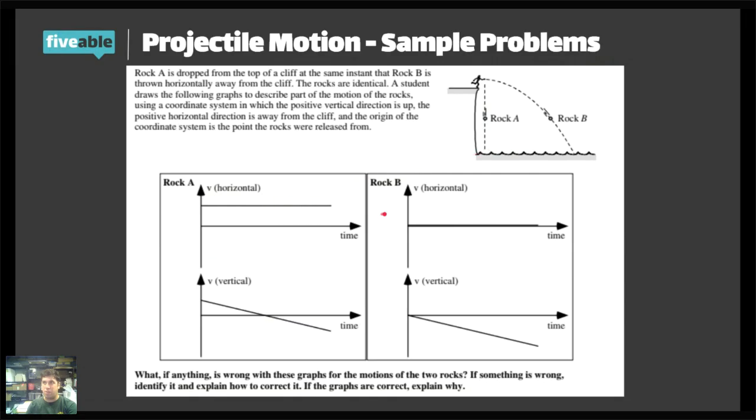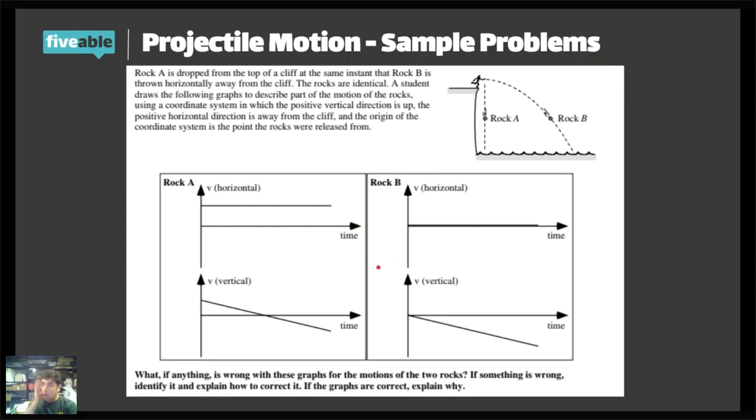In fact, rock B has a horizontal velocity because it does end up away from the cliff, but this one shows it as flat, having a zero velocity. That's not right either. So really, these graphs almost look like they're switched. Rock A's horizontal graph should be zeroed, and rock B's should be some positive value.